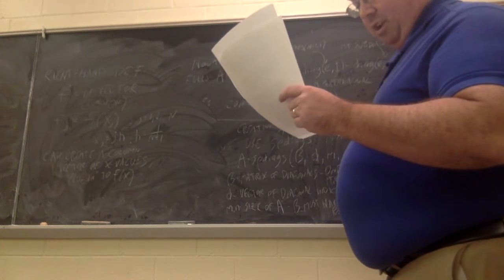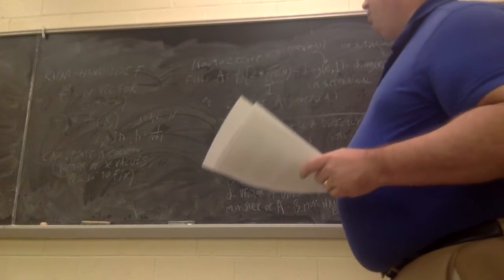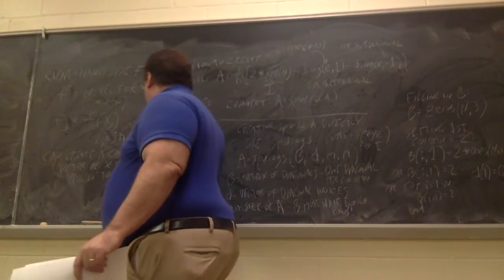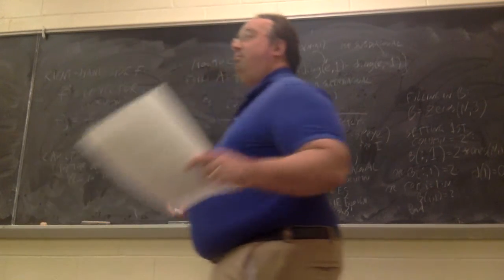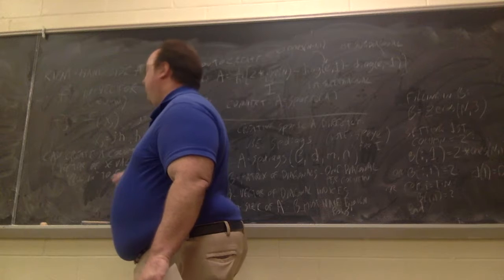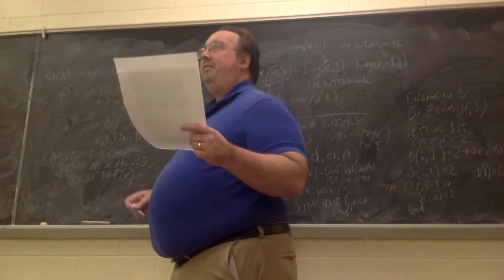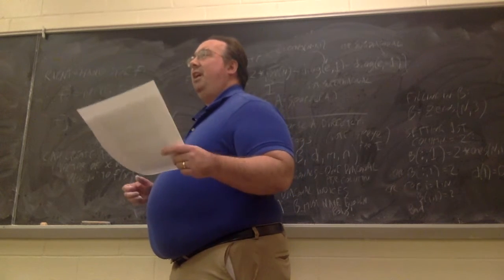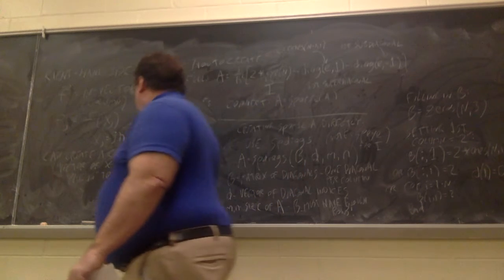But there's one thing I have to point out, because f of x has functions multiplied together. So if you're going to pass a vector into this function, then you're going to have to be multiplying vectors.